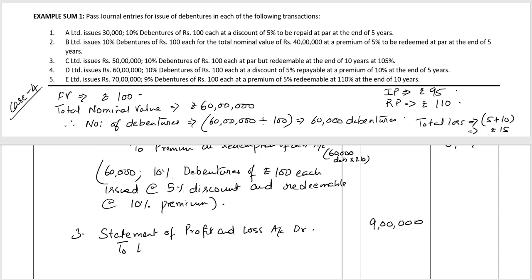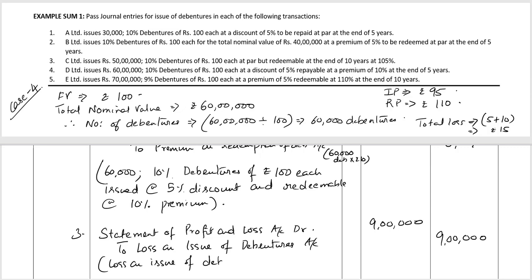To loss on issue of debentures account 9 lakh rupees. For loss on the issue of debentures written off.